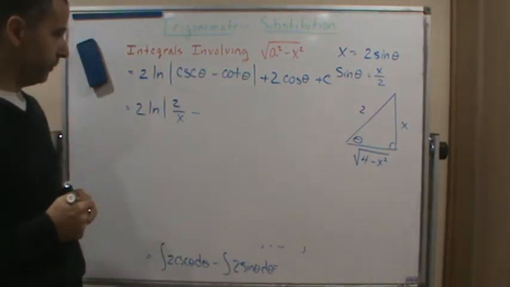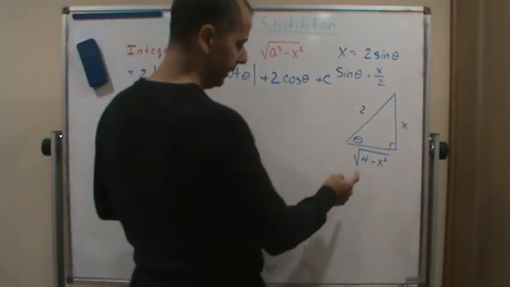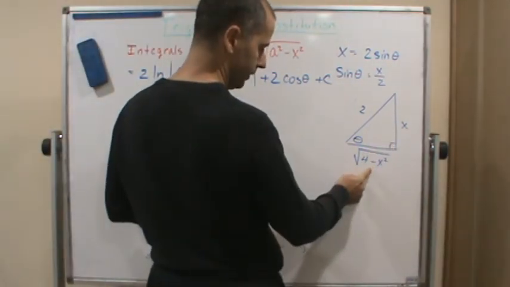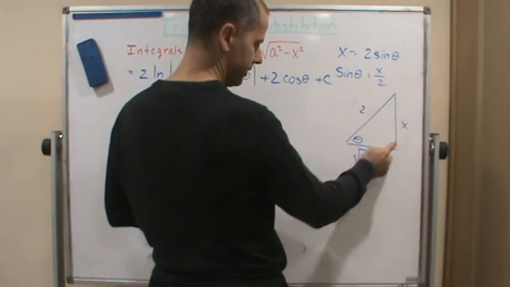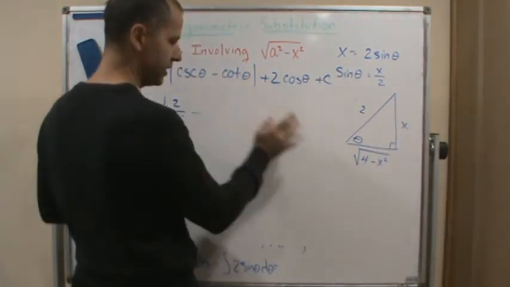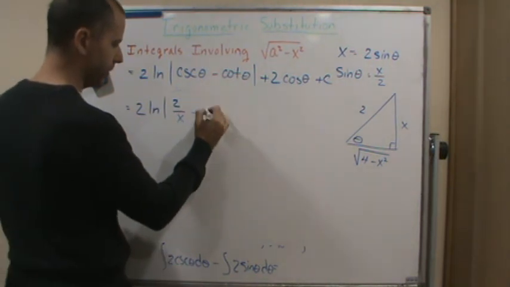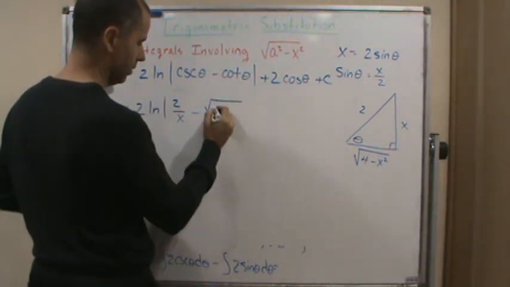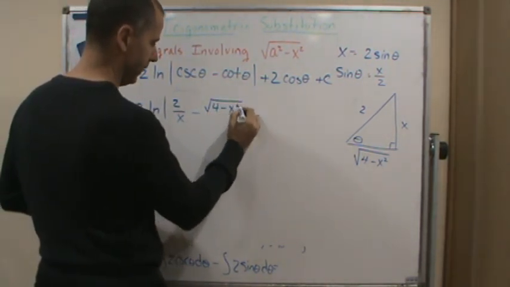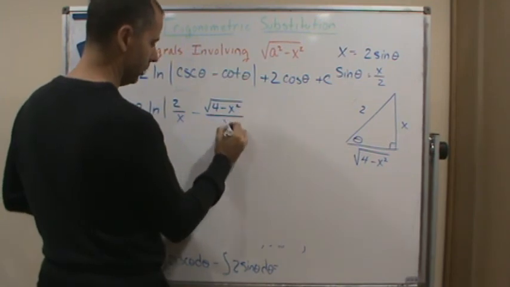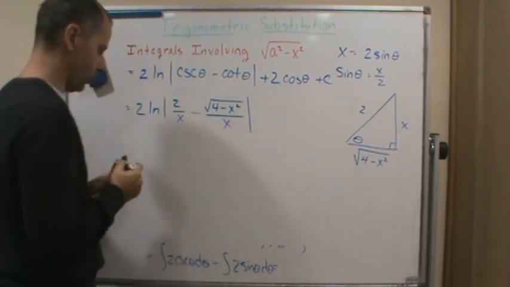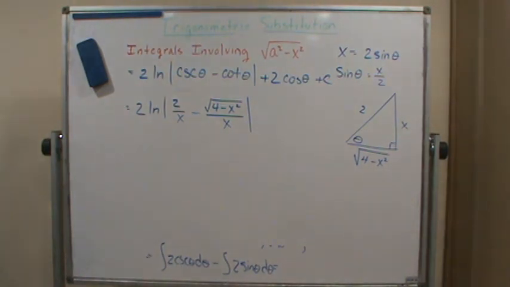Tangent is opposite over adjacent, so this is x over this, so cotangent would be this over this. So minus the square root of 4 minus x squared over x. And so we're done with that.